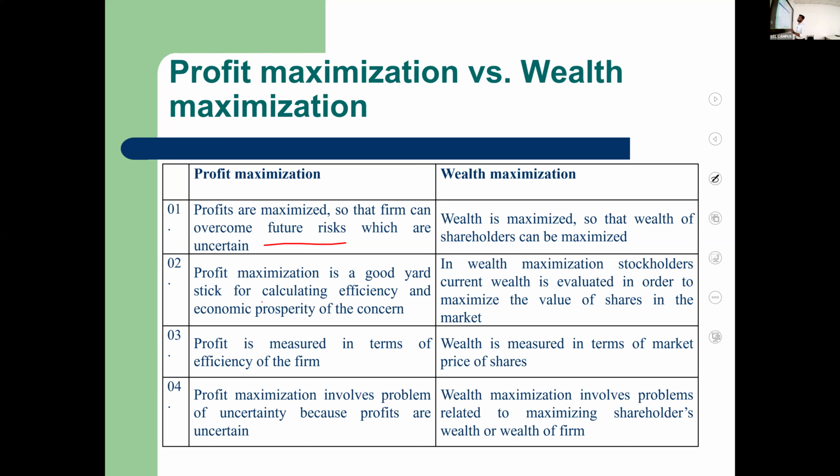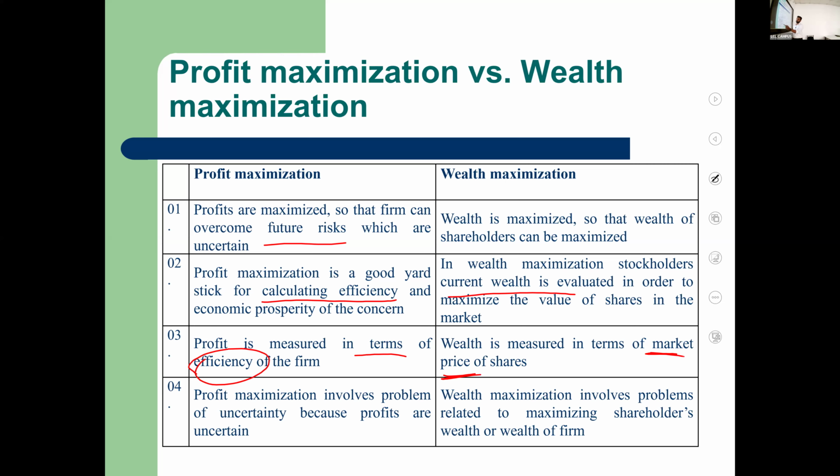In profit maximization, mainly we calculate what? Efficiency and economic prosperity. Here we evaluate the current wealth of shareholders under wealth maximization. It is measured in terms of what? The market price of a share, right?